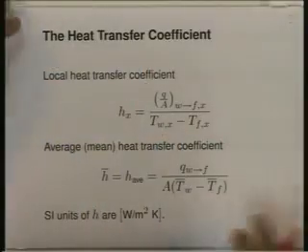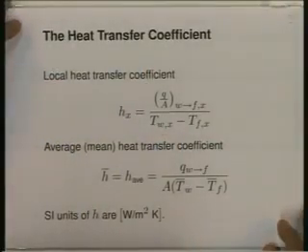Large heat transfer coefficients do occur, a few thousand watt per meter squared Kelvin or even a few 100,000 watt per meter squared Kelvin are not uncommon in such situations. So if need be, we can use kilowatt per meter squared Kelvin. But somehow it turns out that watt per meter squared Kelvin is the most common unit.